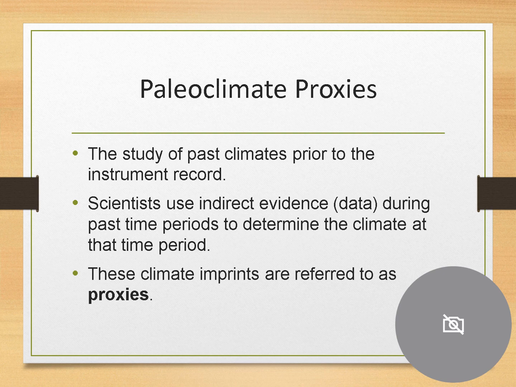So let us move to paleoclimate proxies. Remember that the study of past climates prior to the instrument record is mostly used. So scientists use indirect evidence from past time periods to determine the climate at that time. These climate imprints are referred to as proxies.